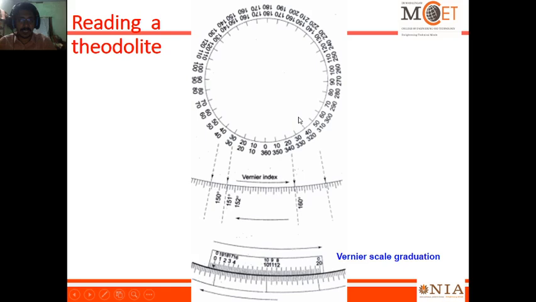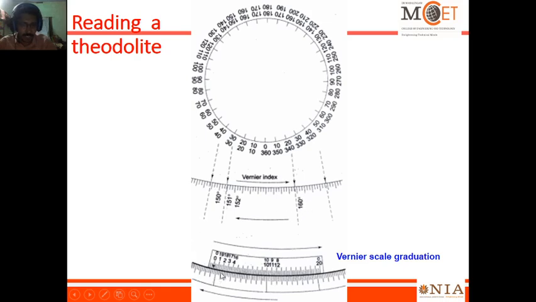But how to read the vernier scale along with the main scale? For that only, try to understand this diagram. This is the main scale reading. You are able to see here 10 divisions: 1, 2, 3, 4, 5, 6, 7, 8, 9, 10. So 0 to 10, the same 150 to 160, 10 divisions.